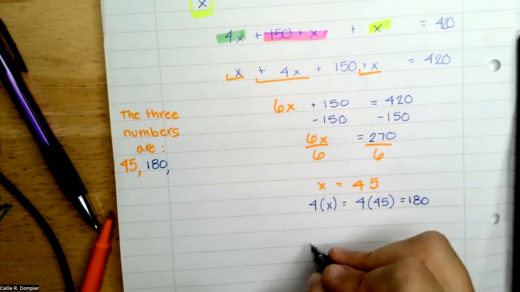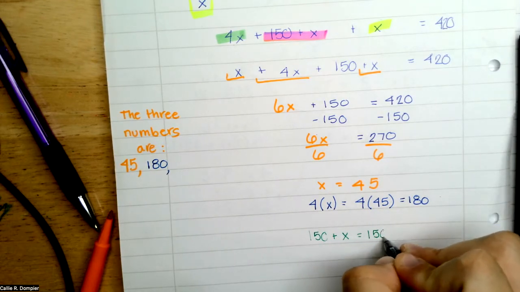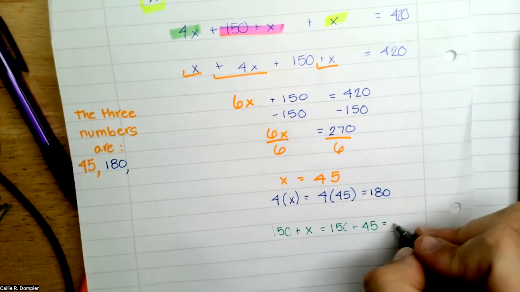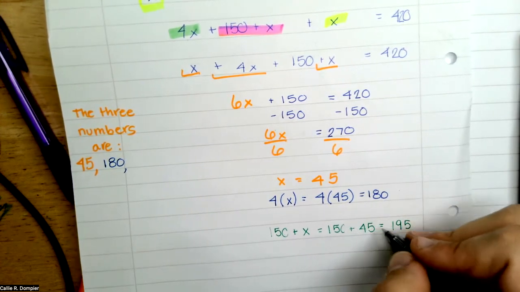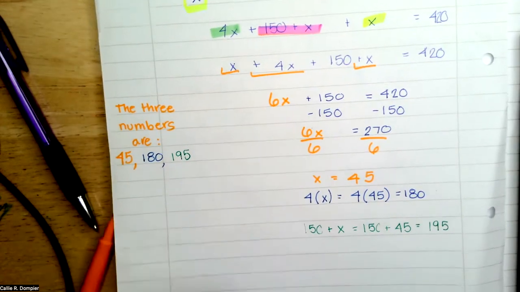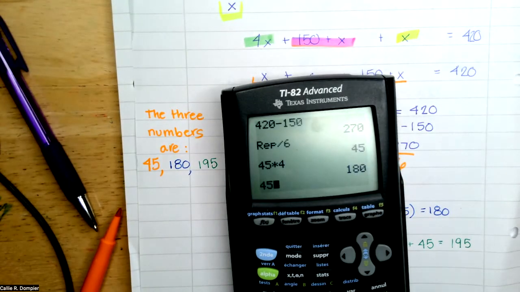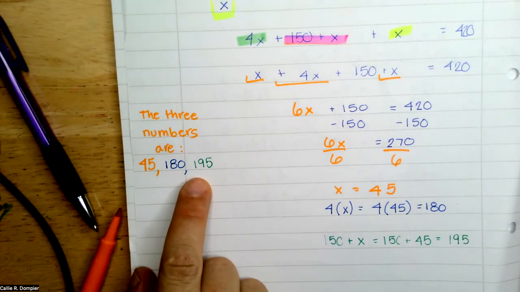And then the last one is 150 plus x, which is 150 plus 45. 150 plus 45, I think, is 195, right? Because 5 plus 4 is 9, 0 plus 5 is 5, 195. So if I add these three numbers together, do I get 420? 45 plus 180 plus 195. 420. So the three numbers are 45, 180, and 195.